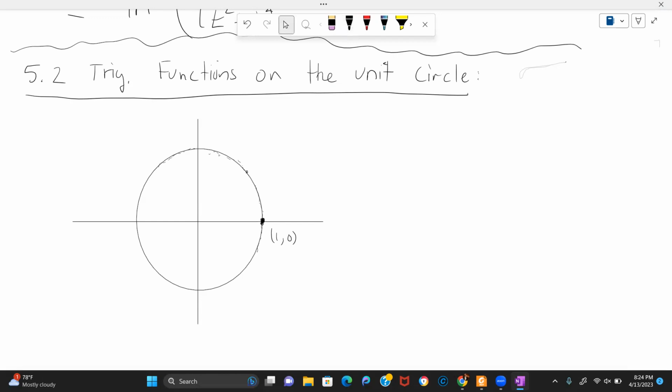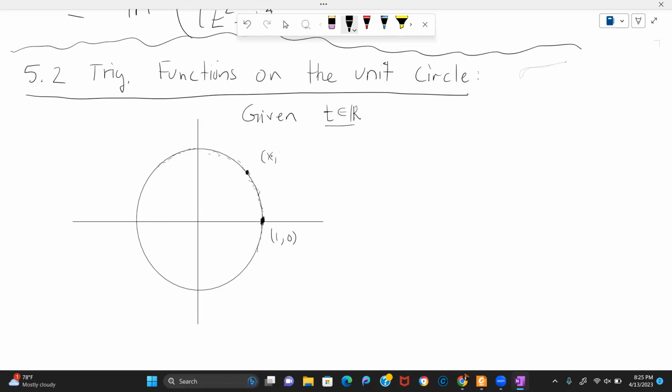Then in 5.2, we defined the trig functions using this picture of the unit circle as a one-dimensional object. So basically, if I give you some number t, you'll start at this point, and this determines an arc length, and you'll travel along the circle and then maybe stop here.